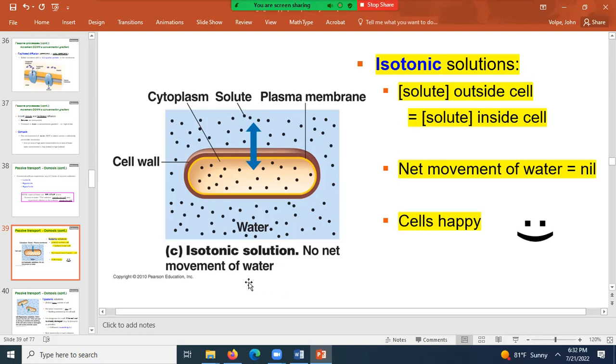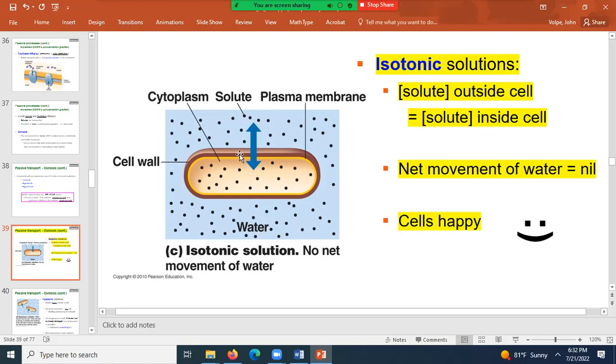I said when the solution is isotonic, there will be no net movement of water into the cell. But why did I say no net movement of water? I didn't say there's no movement of water inside the cell. Is that because the amount of water inside the cell and outside of the cell won't change? Yes, it is. The amount of water inside the cell is equal to outside the cell.